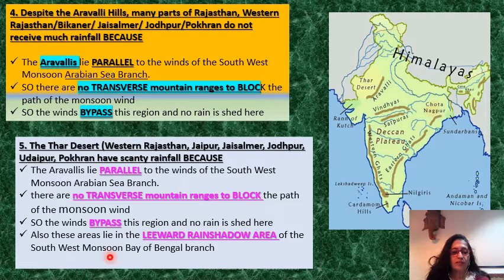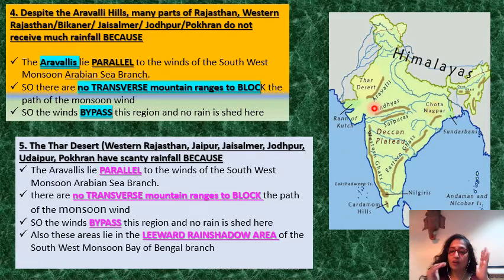Okay, the next give reason for: despite the Aravalli Hills, there is a hill, there is a relief feature. Despite that, many parts of Rajasthan, Western Rajasthan, Bikaner, Jaisalmer, Jodhpur, Pokhran do not receive much rainfall. Why? Now here are the Aravallis. The southwest monsoon is coming from here, going parallel to the Aravallis.